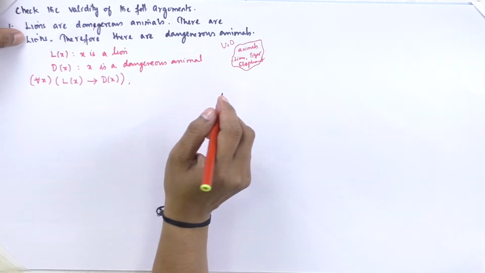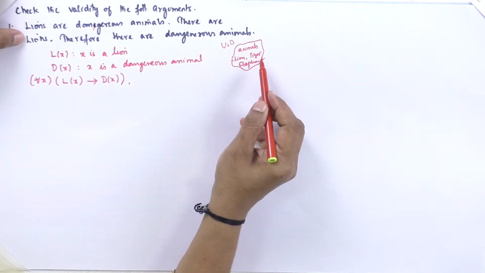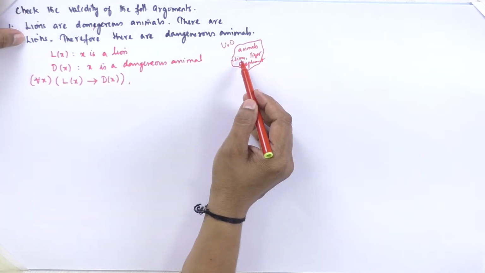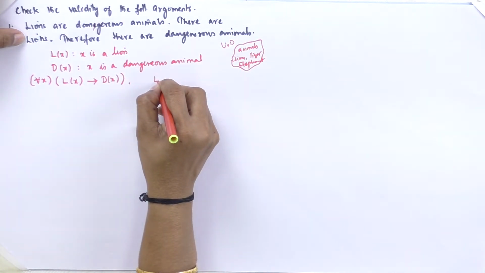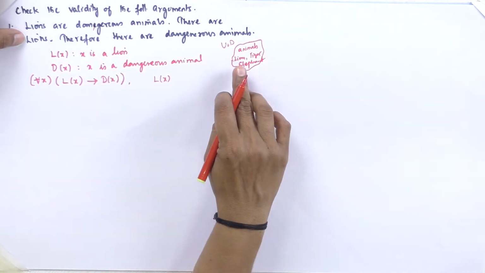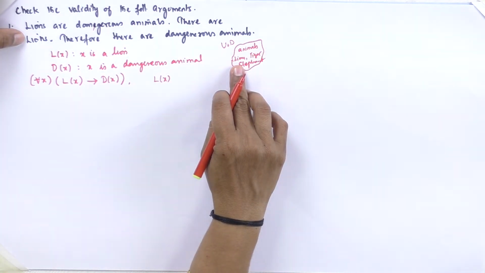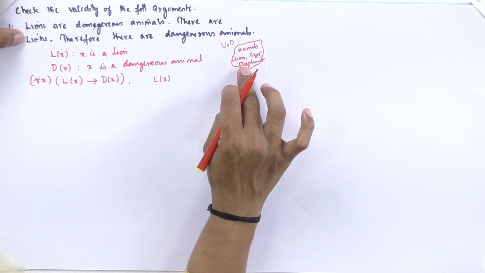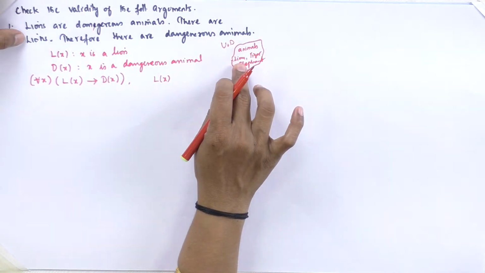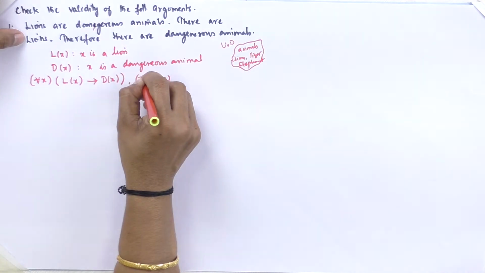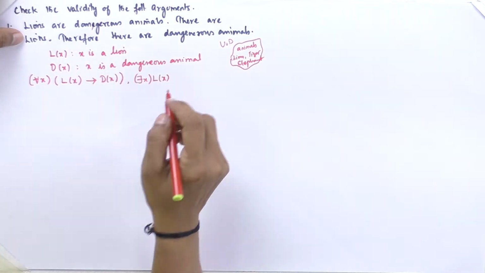There are lions, which means that among the universe of discourse we also have lion. So, what quantification will I have? Lion I will write as L of X. What will be the quantification for representing this lion alone? There are many animals in the universe of discourse, but one of them is lion. Therefore, we have there exists X.